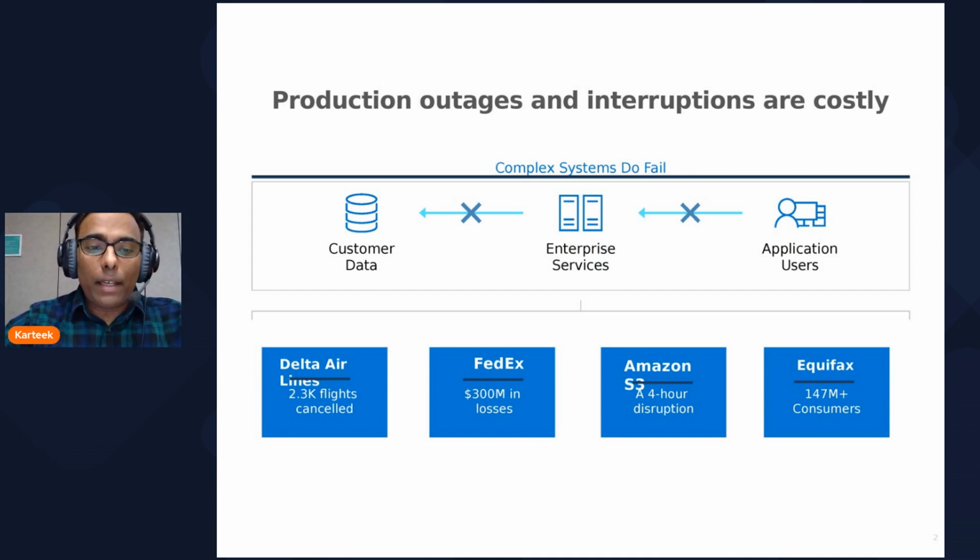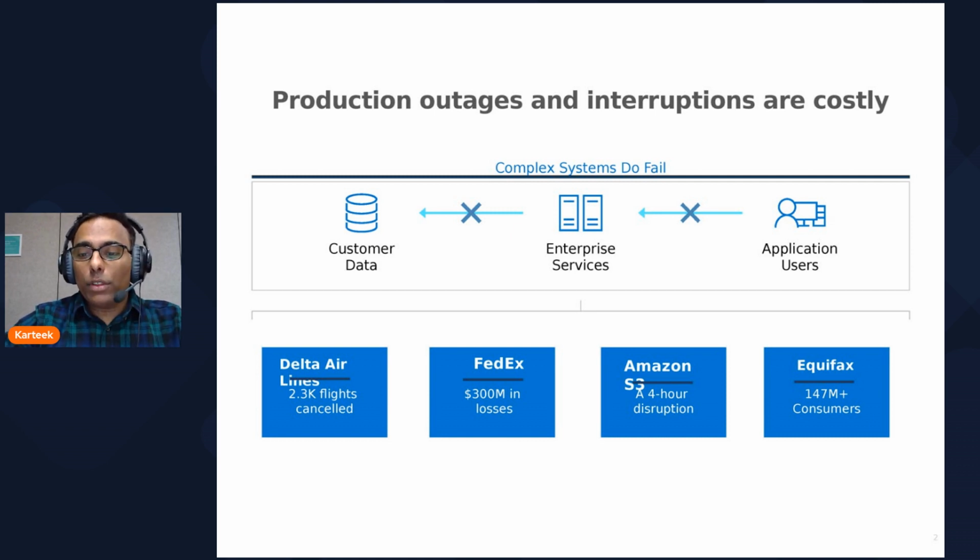Just take another example where Delta Airlines had 2,300 flights cancelled because of a malfunction in their equipment. FedEx had 300 million in losses because of a security issue. Amazon storage services faced a 4-hour downtime because of an improperly validated run book.